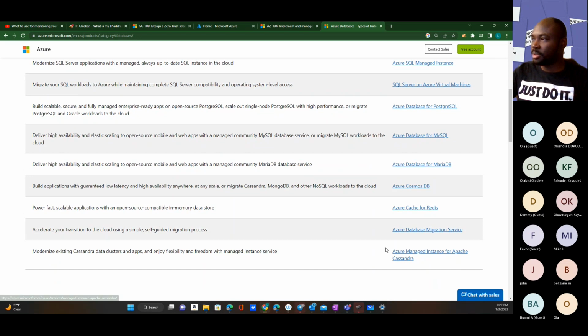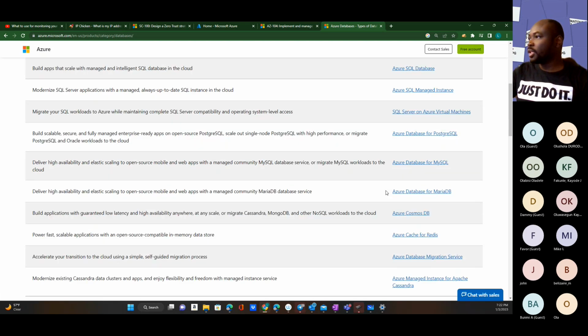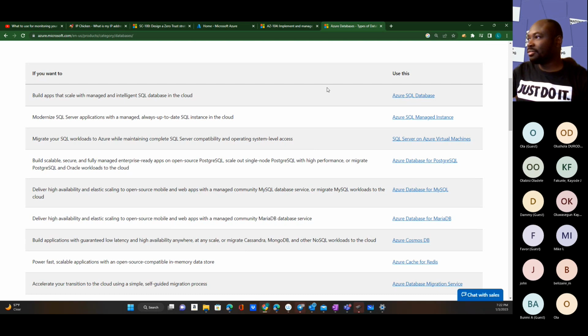There is Cassandra DB. There is Redis, cache for Redis. But for me, I'm only familiar with Azure SQL Managed Instance, SQL Server. Well, I started with Oracle databases, then SQL Servers for a moment.